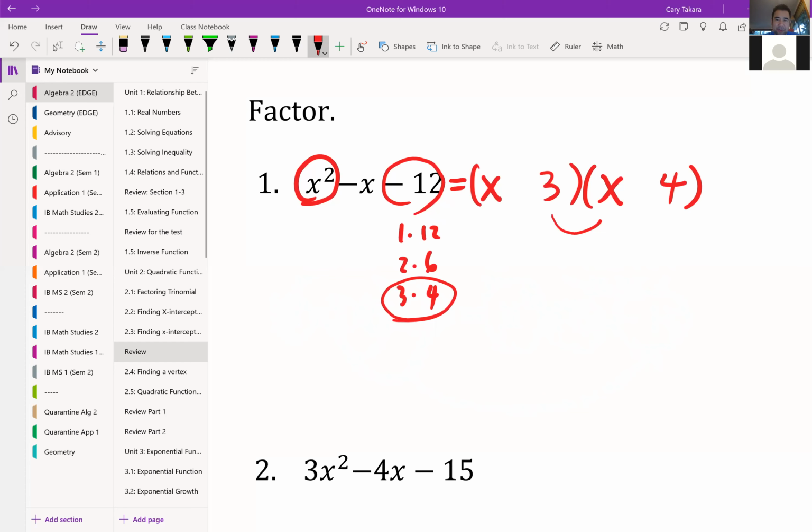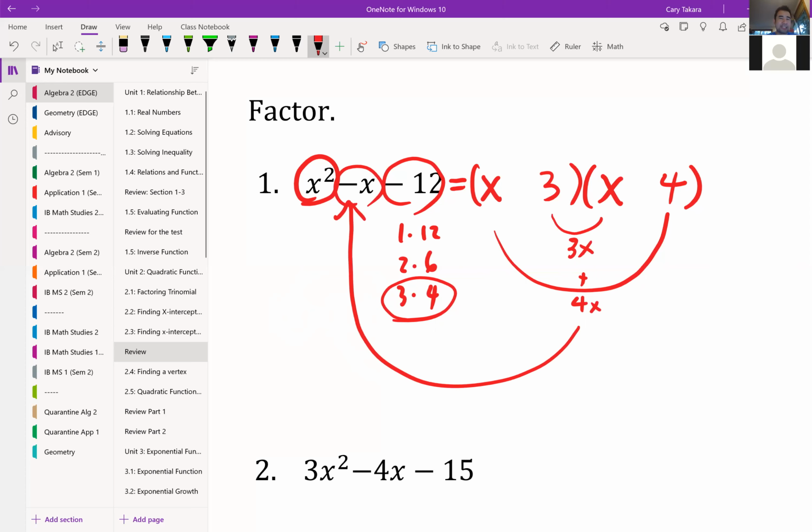Then you're going to do the donuts, right? 3x and 4x. And if you add them together, you should be getting that middle negative 1x. Now, how do you get negative 1x?